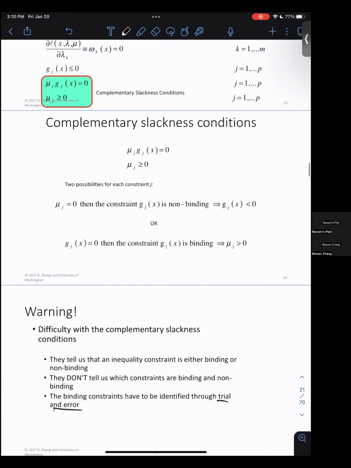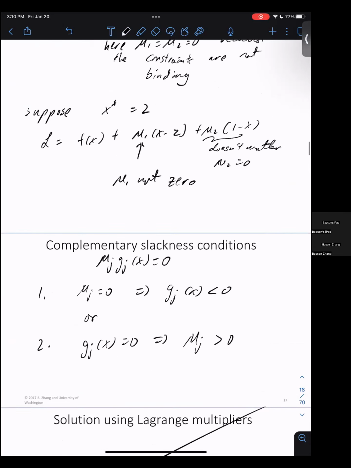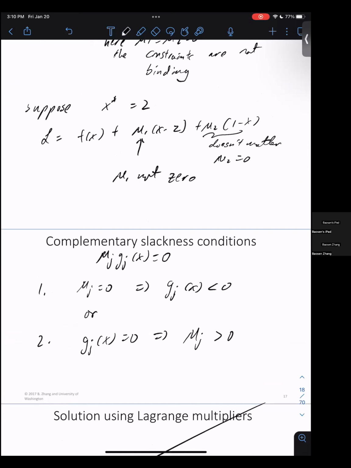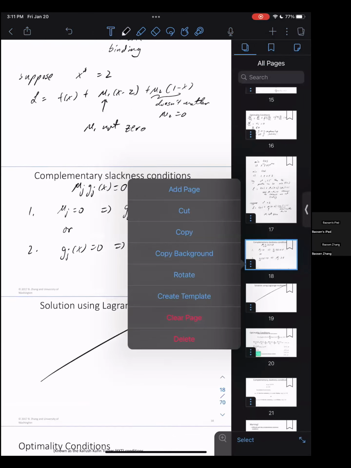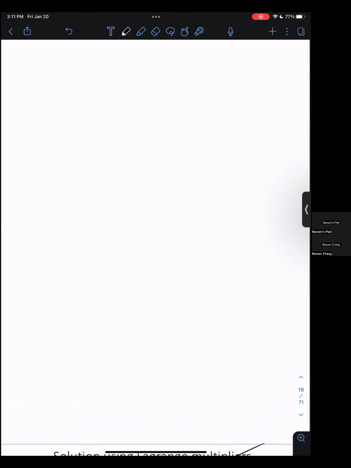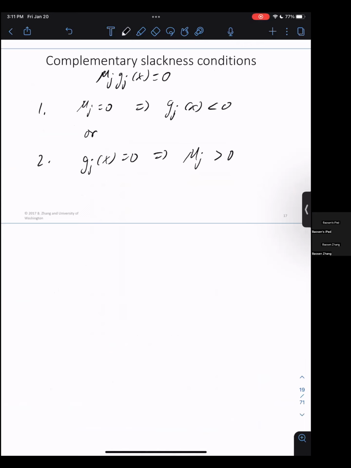Okay. Before we go through examples of trial and error, let me explain why this positive constraint holds, why when this is zero, this has to be positive. Again, you can look at the Lagrangian, which is f(x) plus mu times g(x).